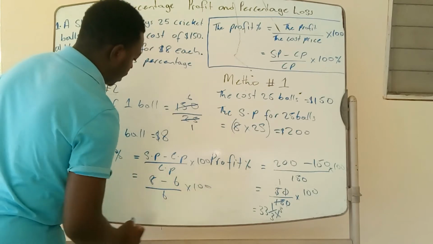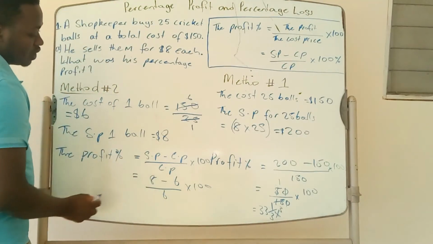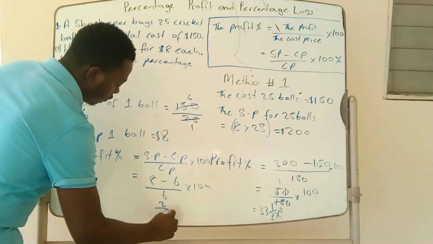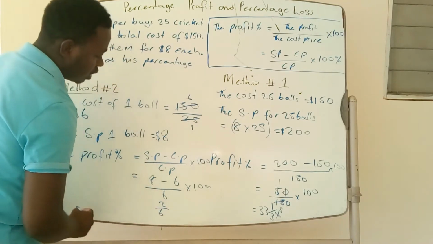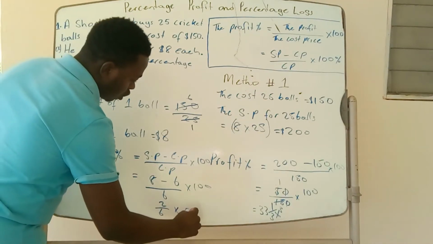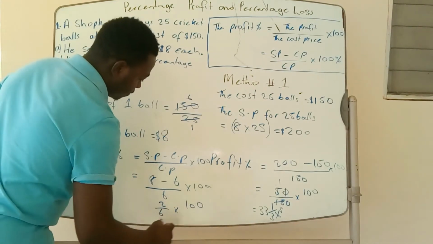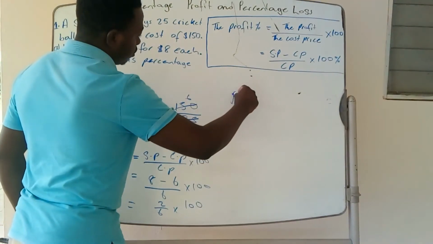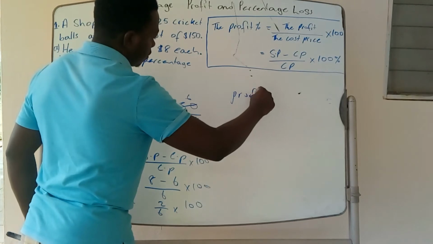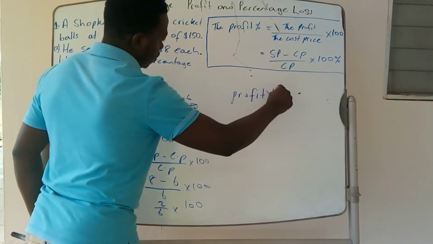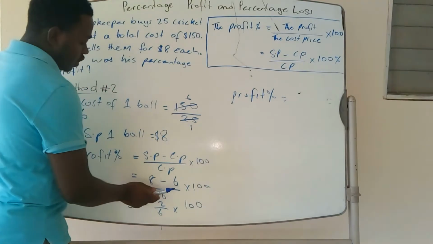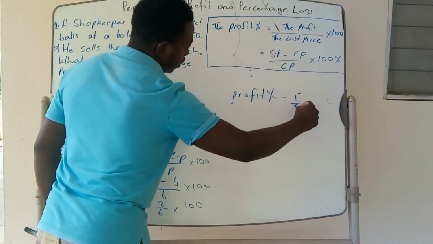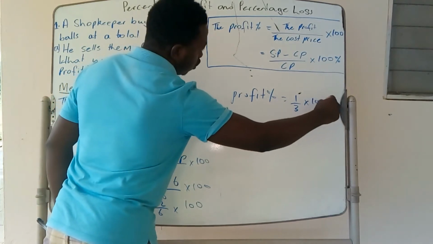Right? Now, what's 8 minus 6? That's just 2, right? So this is going to be 2 over 6 times 100, right? So we know that the profit percent is going to equal 2 over 6, that's just 1/3, and that's going to be 1/3 of 100%.